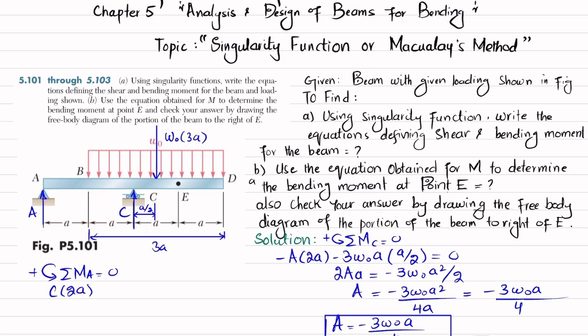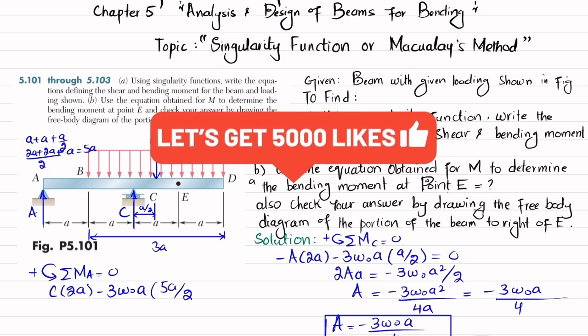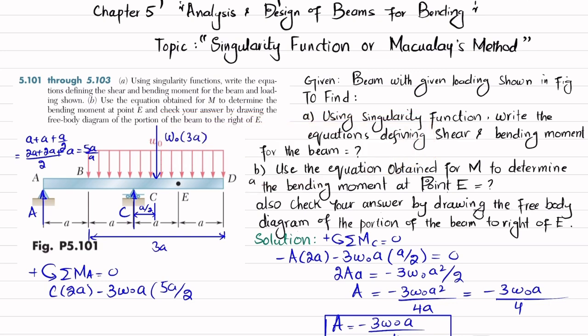Clear? So I will write, this is producing clockwise, so I will write 3 W naught into a into 5a divided by 2. Because you can see a plus a by 2, we take LCM, so 2a plus a is equal to 5a divided by 2. So this total distance from this point till this point is 5a over 2. Okay.